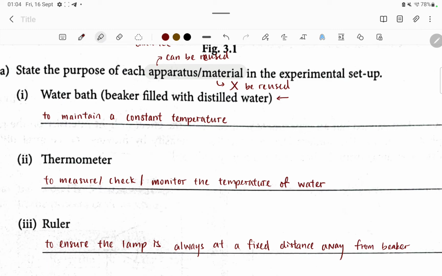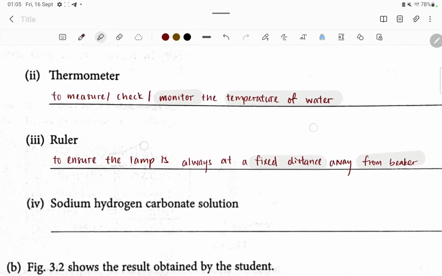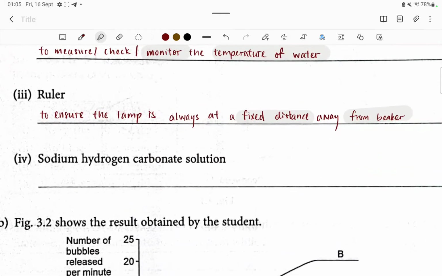So this one keyword is maintain constant temperature, monitor temperature of water. This one is fixed distance from beaker. Okay, so still got sodium hydrogen carbonate solution. This one basically is to supply carbon dioxide.